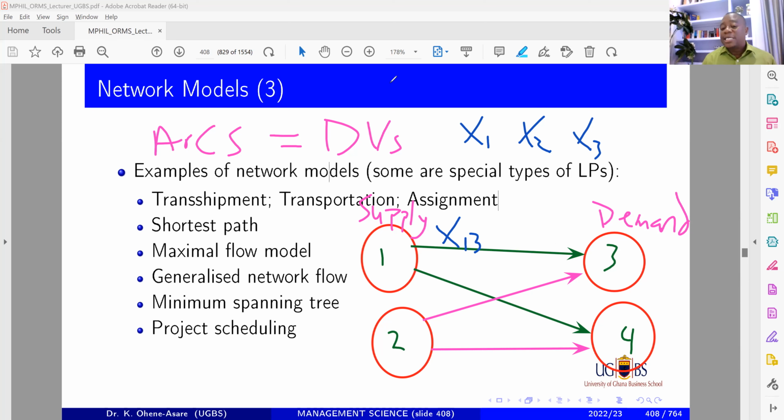And that becomes the decision variable. That is what we want to find out: from supply node 1 to demand node 3, how many of the items were sent, were transported.